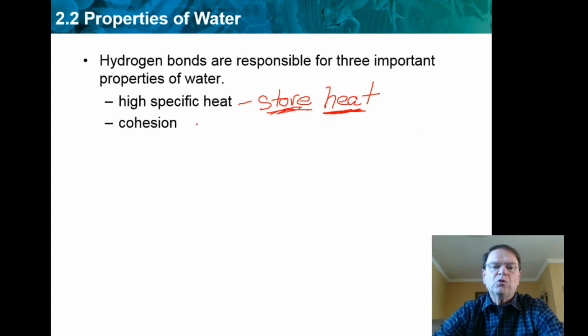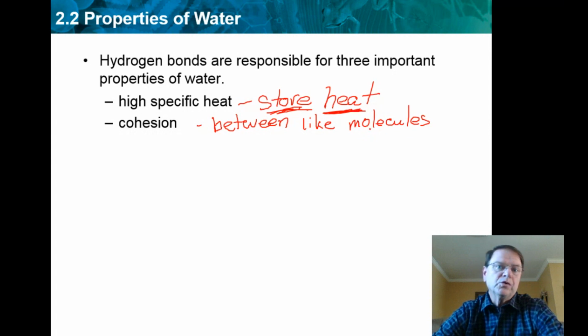Secondly, we see a force known as cohesion. And cohesion is an attractive force that's between like molecules. For example, cohesive forces occur between water molecules and other water molecules. They're going to occur, as we see in a moment, between mercury atoms and other mercury atoms.